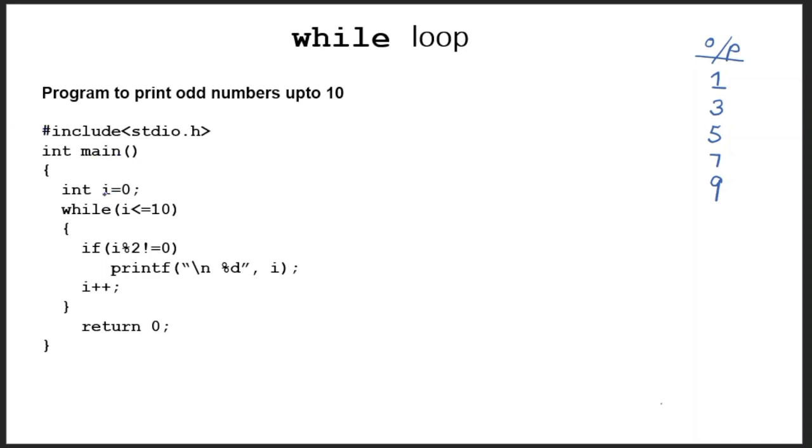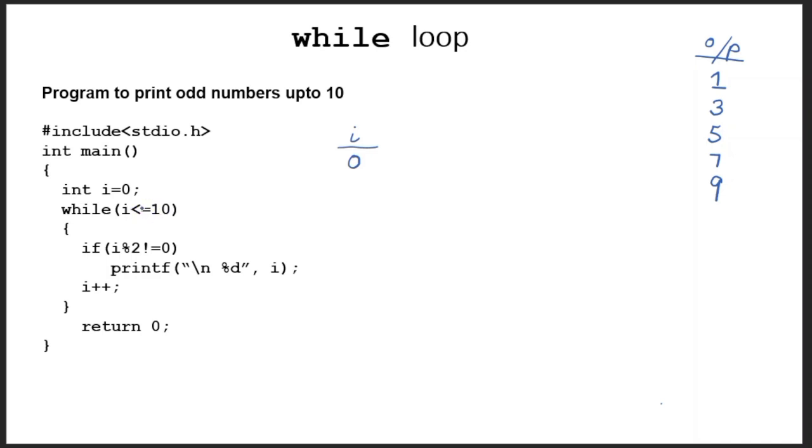From this program, we can see int i is equal to 0. So i is a variable which is assigned the value 0. While i is less than or equal to 10, we compare in the test expression.